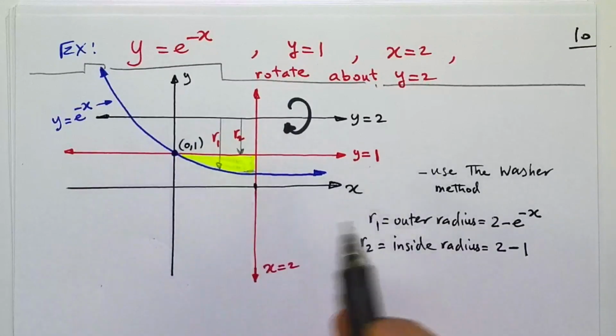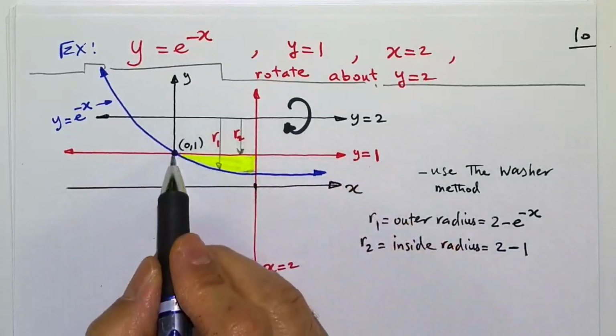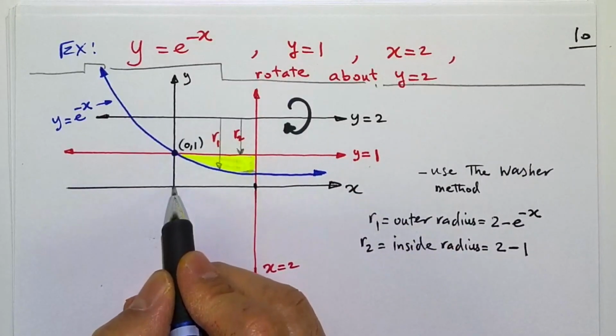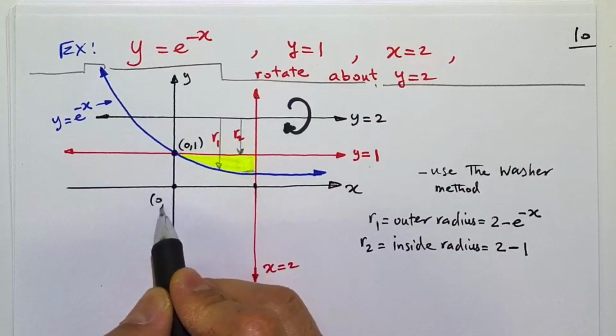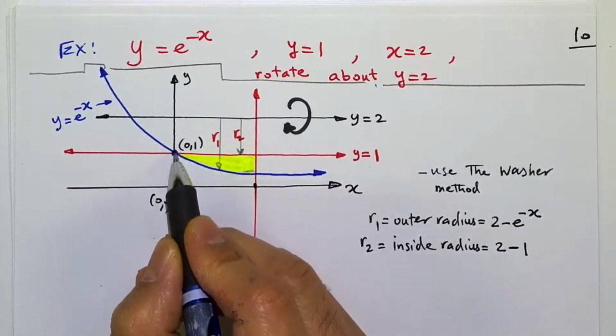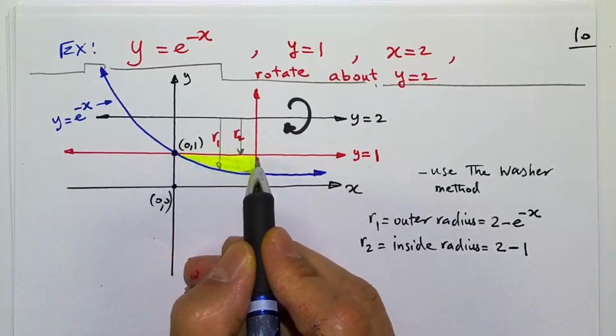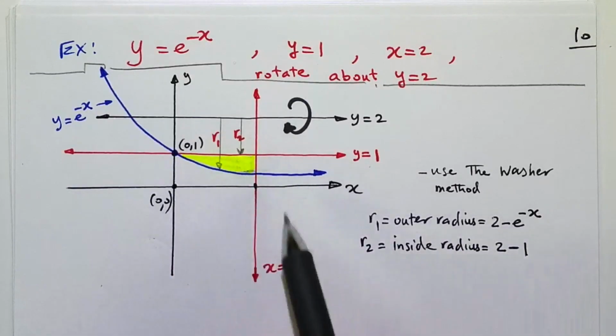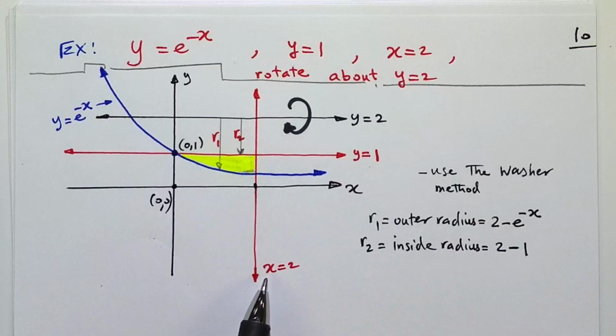So we're integrating from that point, which is 0, 0, at the point right above this, all the way to that point, which would be x equals 2.